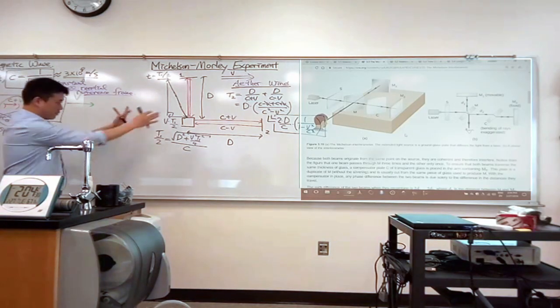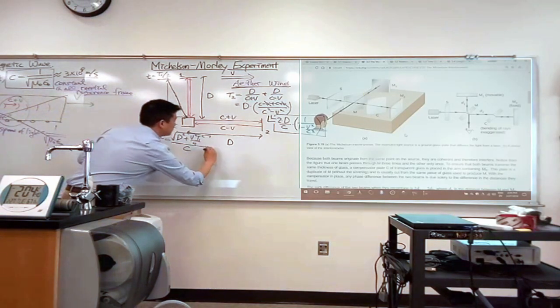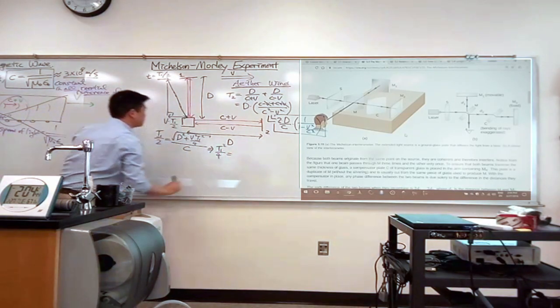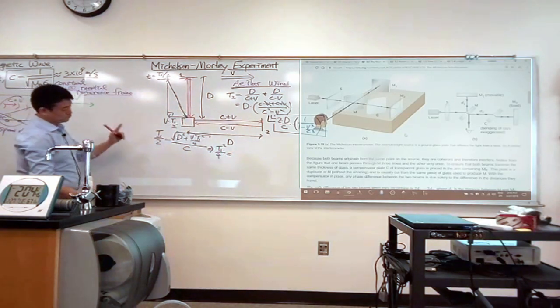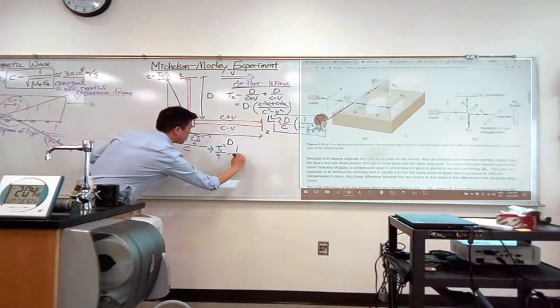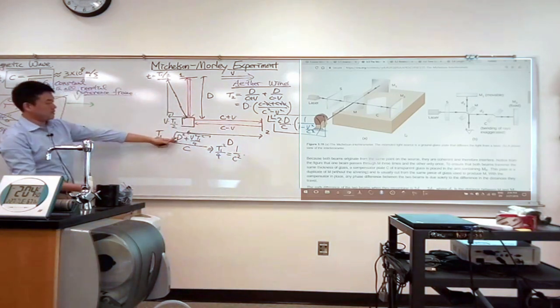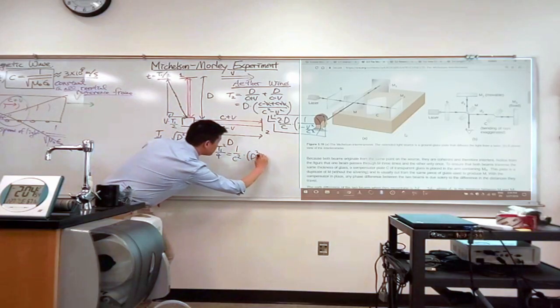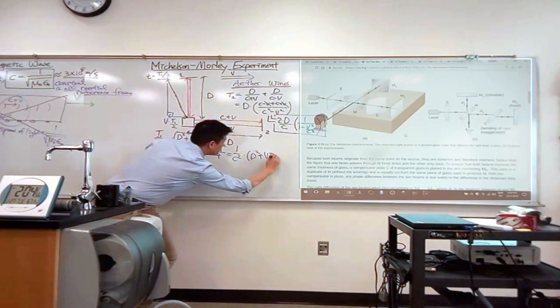So square both sides, then you get T1 squared over 4 is equal to 1 over c squared times this, no longer square rooted, d squared plus v squared T1 squared over 4 still.